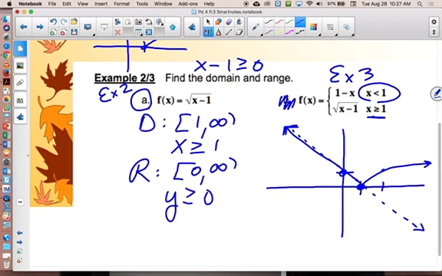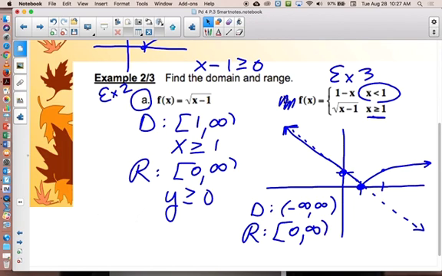What is the domain now that we have that function graphed? Negative infinity to positive infinity. Yeah, you could write it that way. You could write all real numbers. And the range, the y's are 0 to positive infinity, or you could write y is greater than or equal to 0. It doesn't matter.